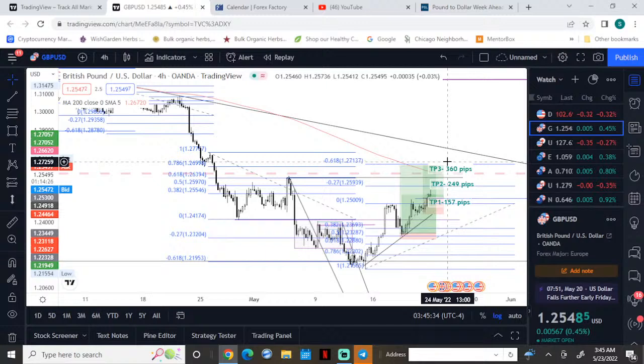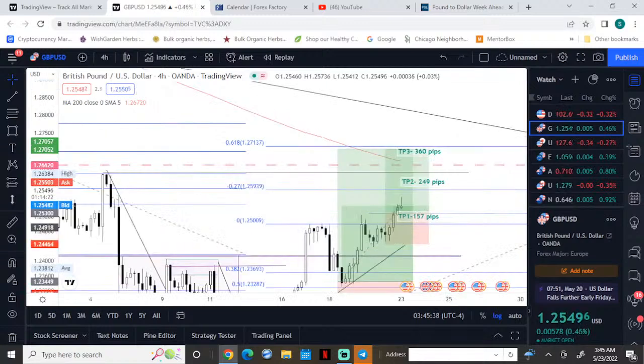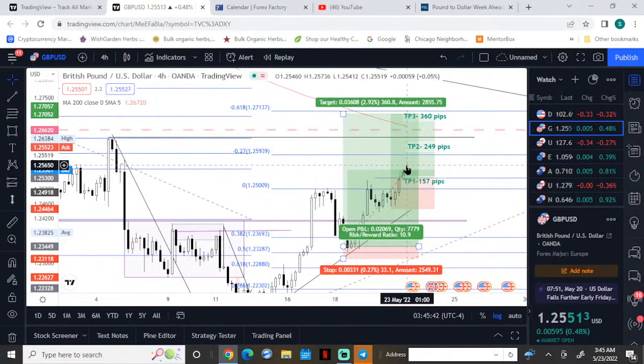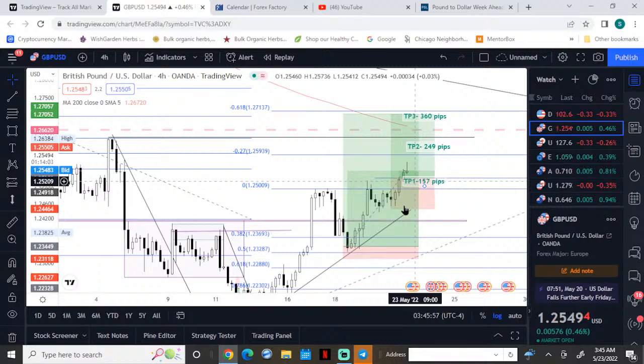I'm up, well, I was up 30 pips. I got in this position last week, but I closed it at TP1 because I don't like holding trades over Friday.